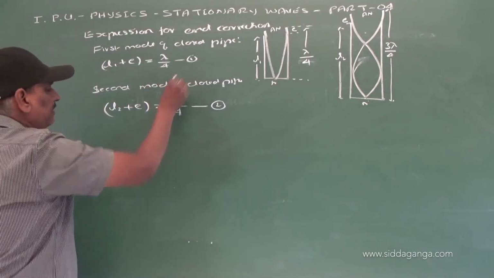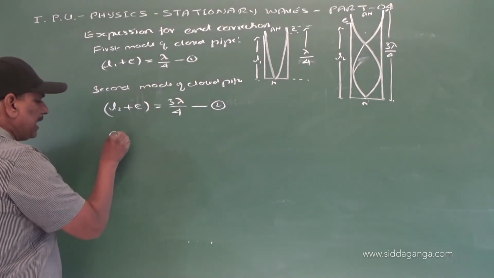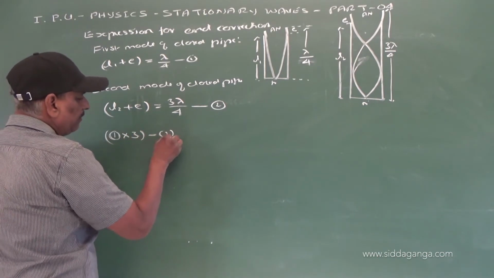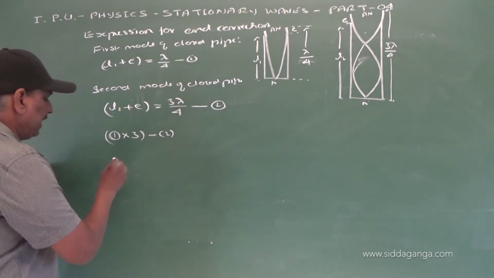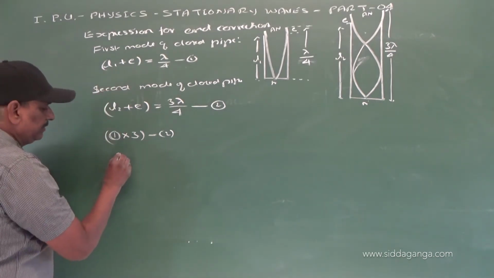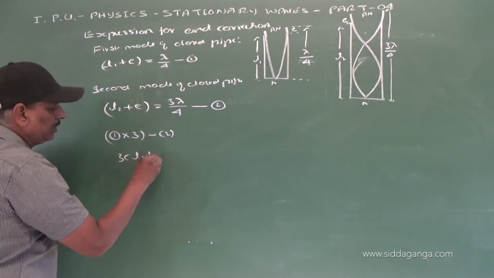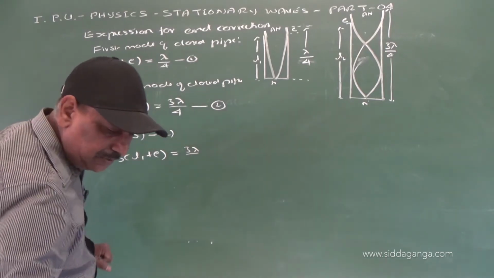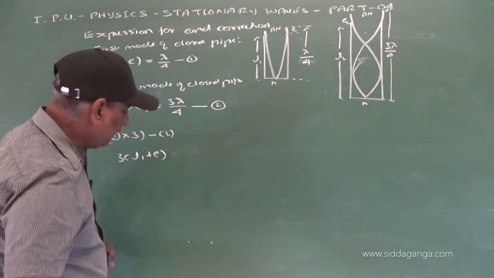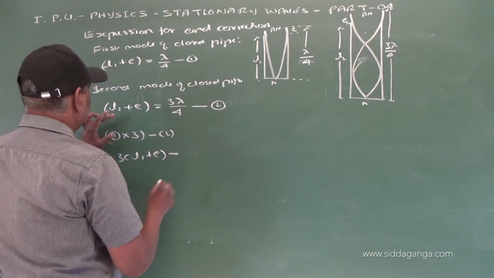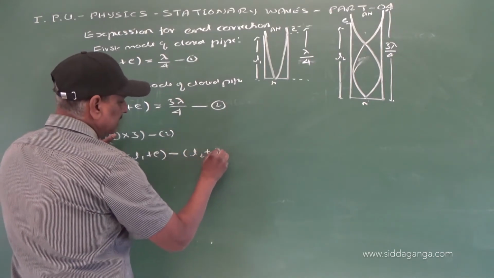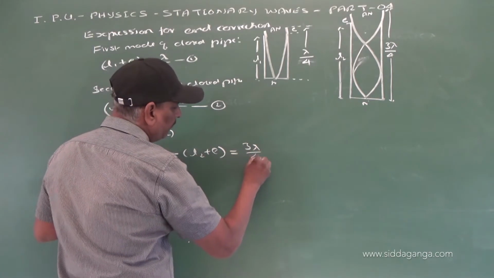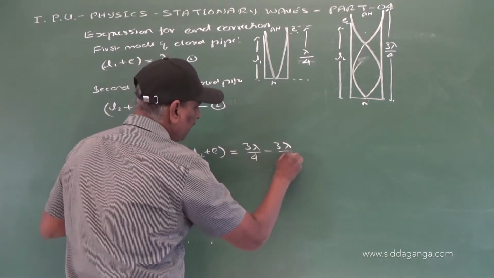Right? Now this is equation 1. Now multiplying equation 1 by 3 and subtracting equation 2, we get 3 into L1 plus E is equal to 3 into lambda by 4, minus L2 plus E is equal to 3 lambda by 4.